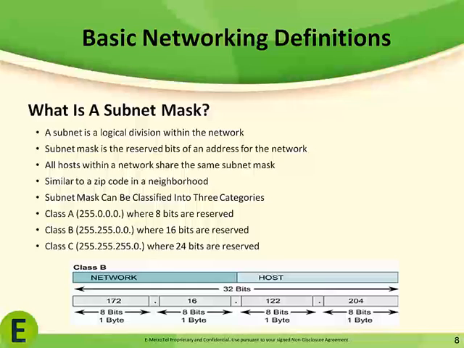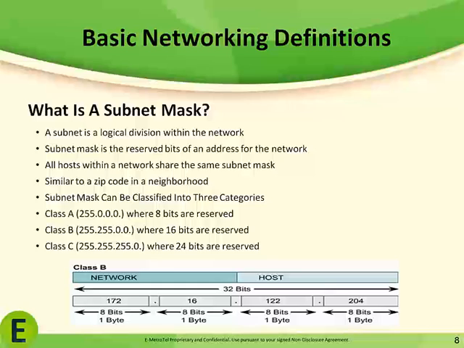A subnet is a logical division within the network. A subnet mask is the reserved bits of an address for the network. All hosts within a network share the same subnet mask, similar to a zip code in a neighborhood. Subnet masks can be classified into 3 categories.